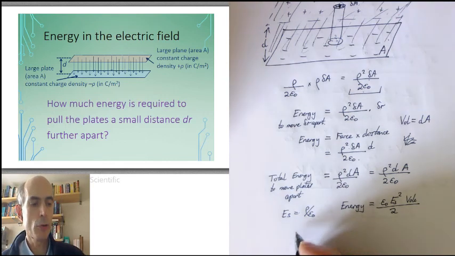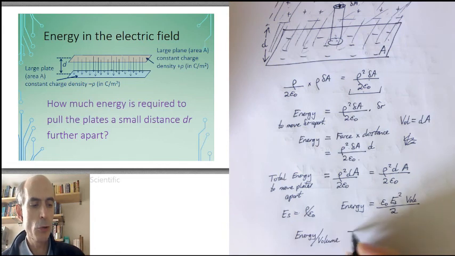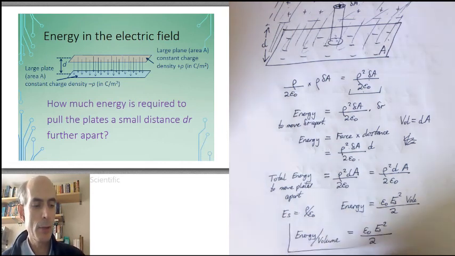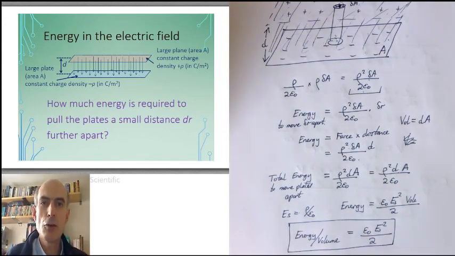I could therefore say that the energy per unit volume stored in this electric field is epsilon naught times the electric field strength squared divided by 2. And that is a general formula for the energy stored in an electric field. Epsilon naught E squared over 2.